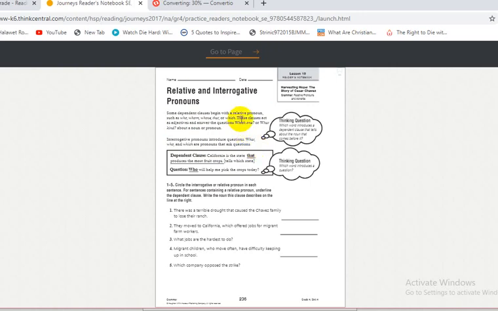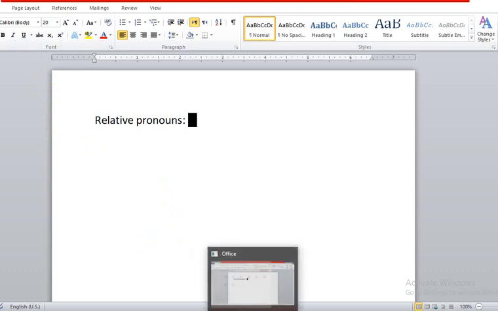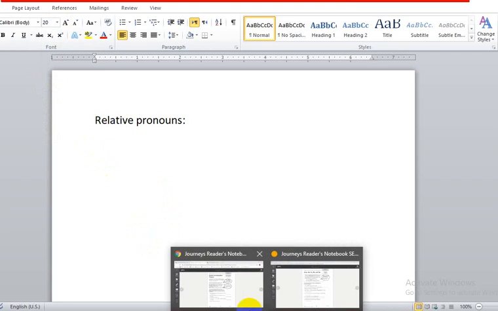What are some relative pronouns? Well, let's write them down over here. So we have relative pronouns, which words over here are relative pronouns? Let's take a look.